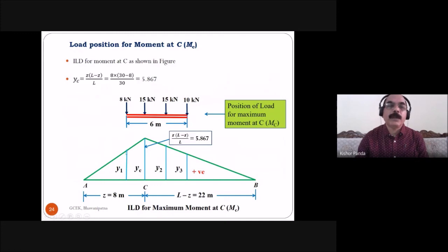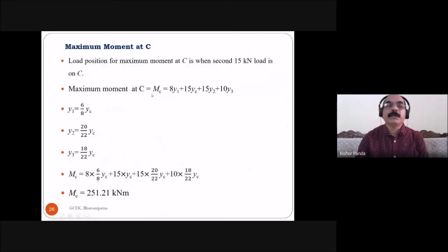So you have to find the ordinate Y1 under this load. Under the 8 kilonewton load, this is the ordinate; under this 15 kilonewton, this is the ordinate; under the 10 kilonewton load, this is the ordinate. These are the ordinates of the influence line diagram. Then you can find the maximum moment. The maximum moment at C is MC equal to 8Y1 plus 15YC plus 15Y2 plus 10Y3.